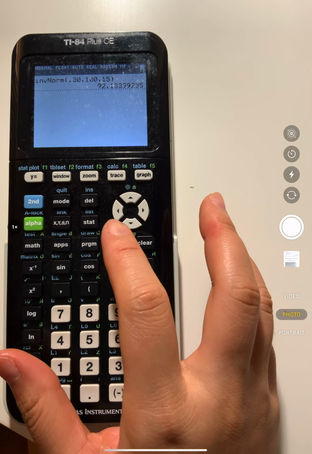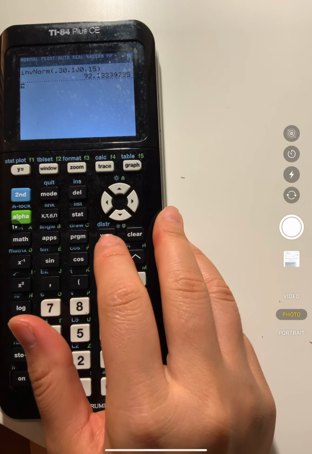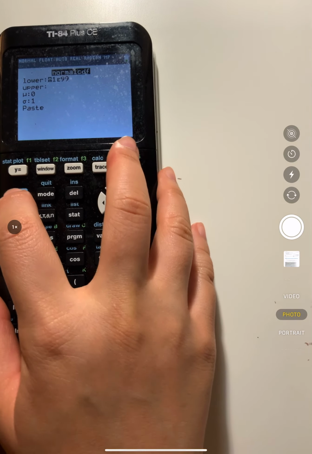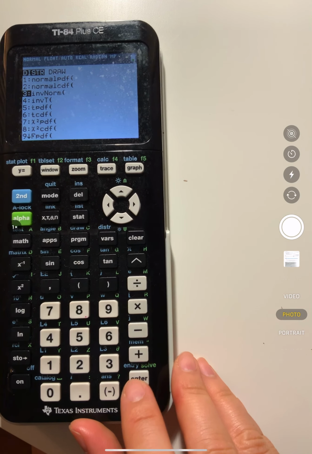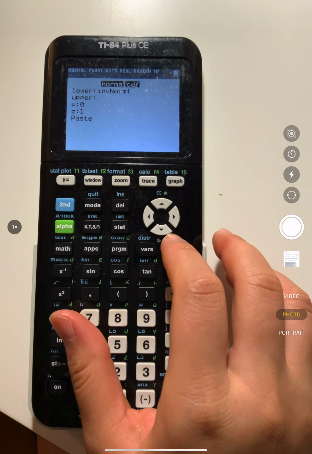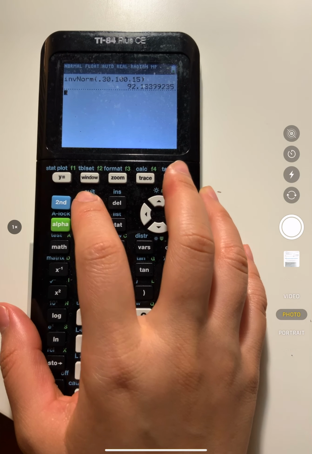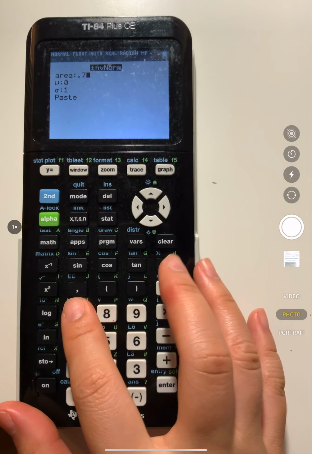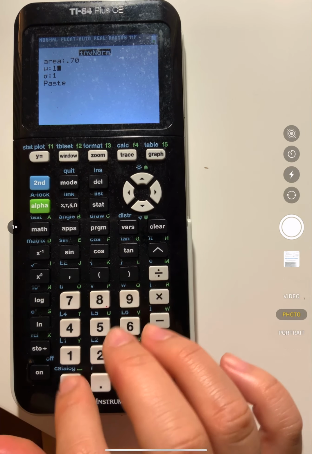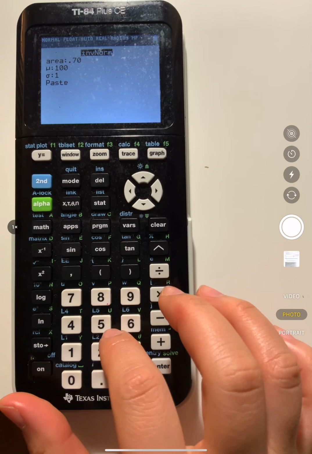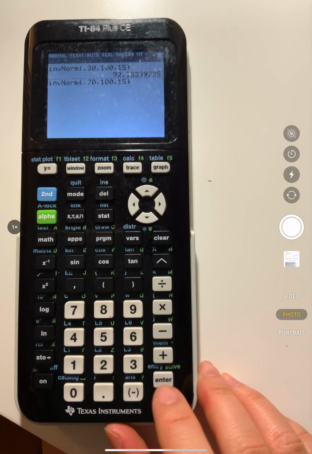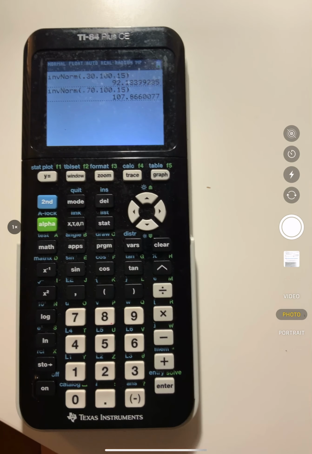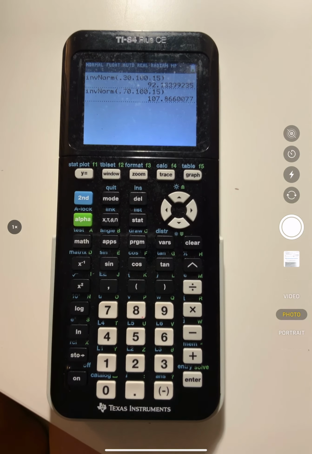And then the area to the left was 0.70. Oops, not normal CDF. It should be inverse norm. Inverse norm, 0.70, 100, 15, 108. Okay, so if you do not have the option, do this as two separate problems, two steps.